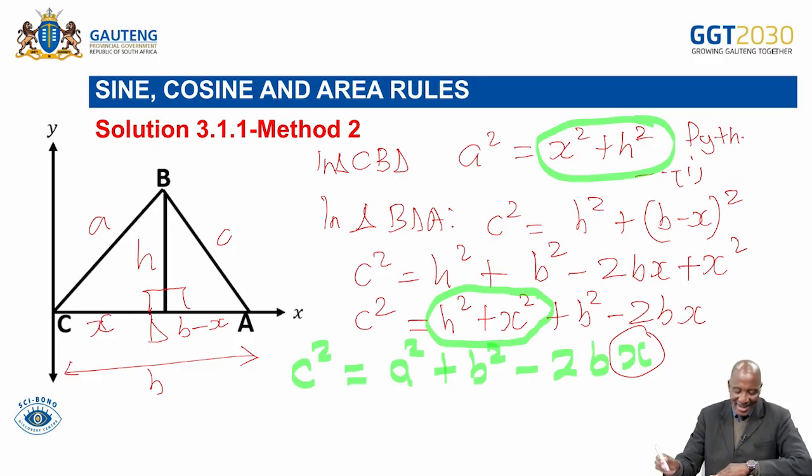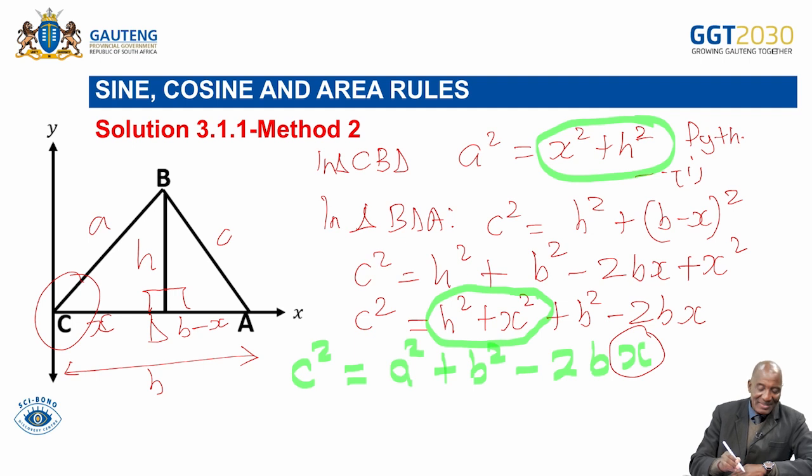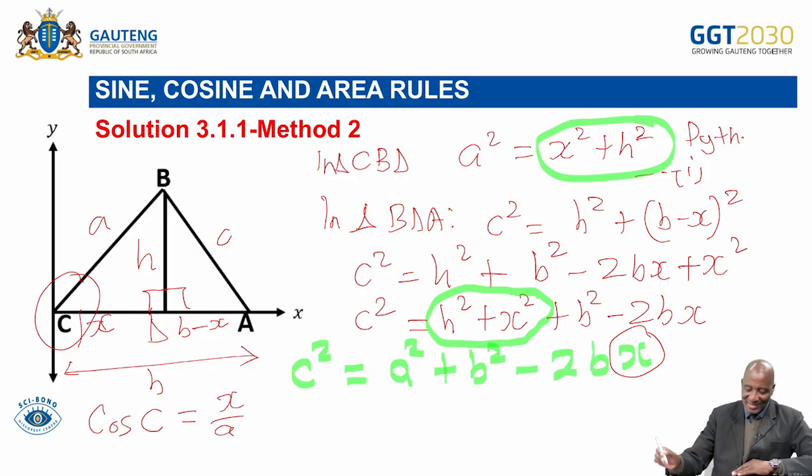Where is x? x is in the diagram here in triangle CBD. How can I solve for x there? I can solve for x by saying sine, actually cosine. You can use cosine there. Cos of C is equal to adjacent over hypotenuse.